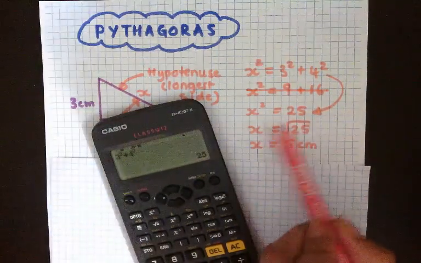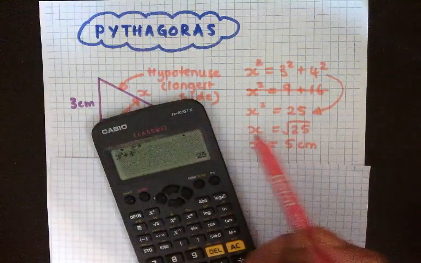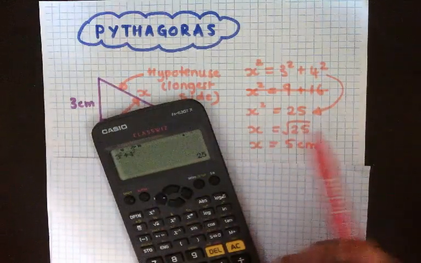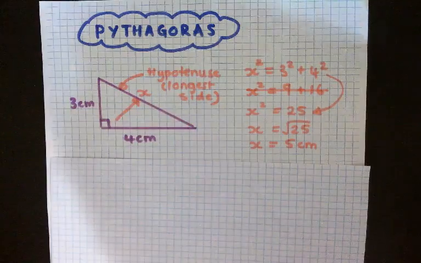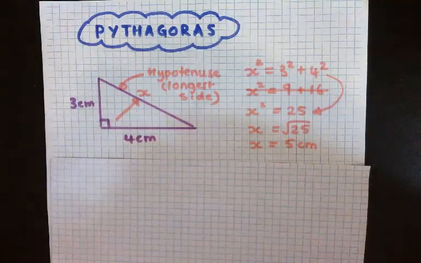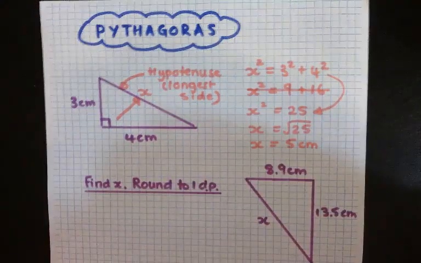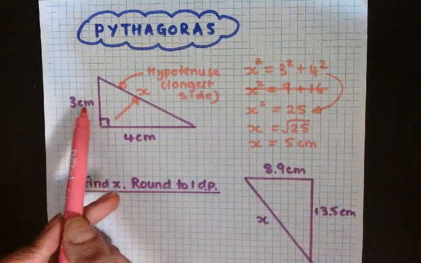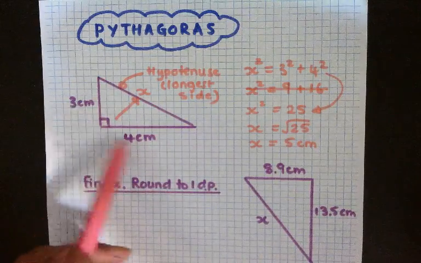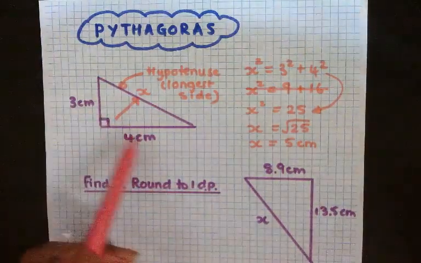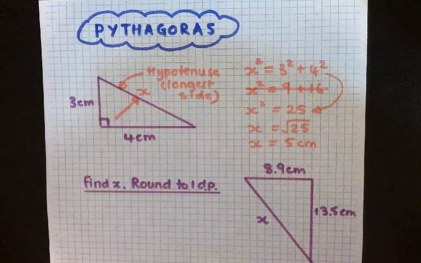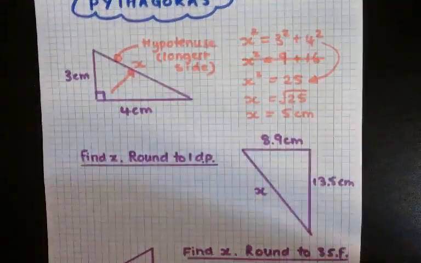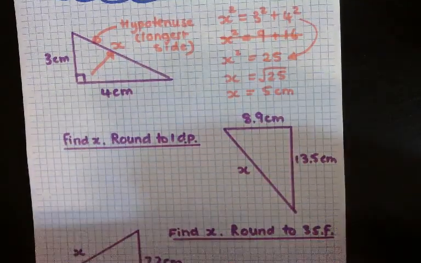And then also you might not want to show this square root line here, but if it reminds you to do the square root, you can. So this particular one had a whole number answer, and this is a special case 3, 4, 5. It's called a Pythagorean triple, but a lot of the times you'll get decimal answers. So we're going to do exactly the same thing with a decimal answer.